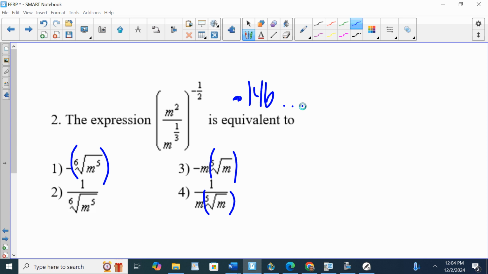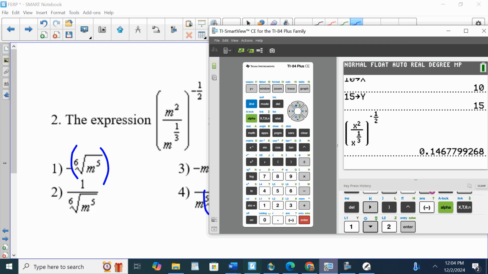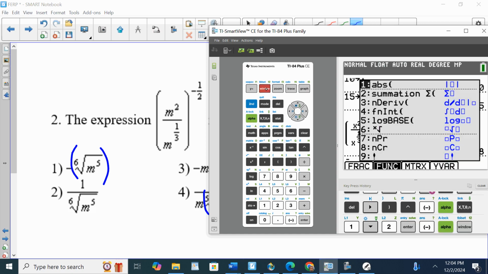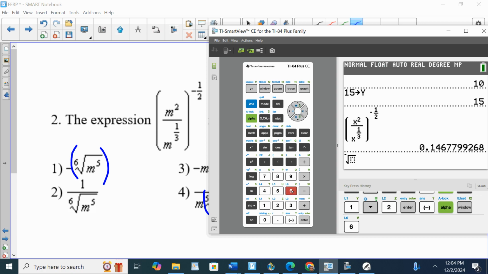Let's start with choice 1. If I type in negative and then alpha Windows 6, which is how I type radicals in, the negative goes into that root. I don't want the negative in that root. So as I said, when you have a root, put parentheses around the whole root.